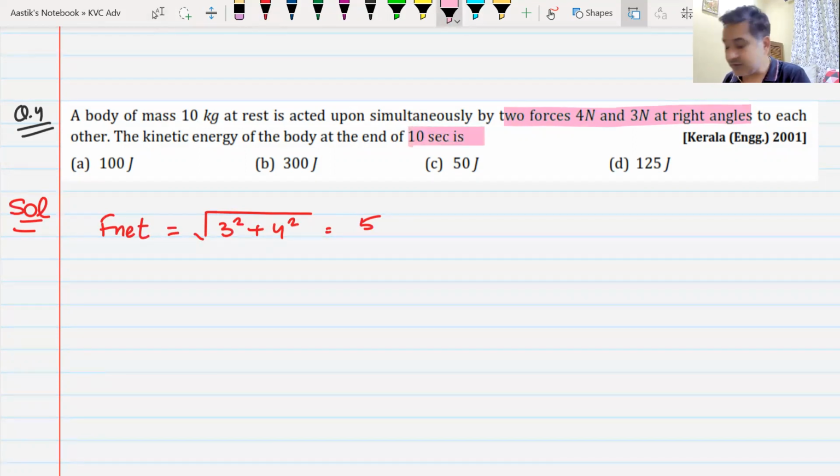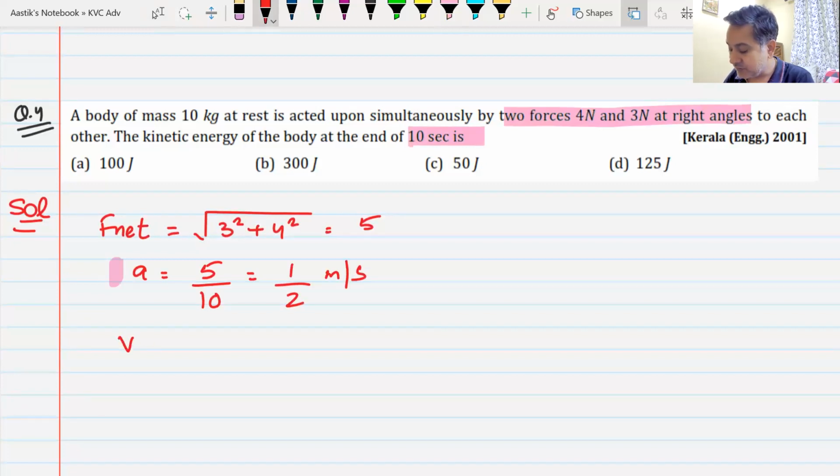You have to find out the kinetic energy at the end of 10 seconds. There are a number of ways in which you can do this. You can find out the acceleration of the body, that is the first way. That will be 5 divided by 10, which is half meter per second square. You can use v is equal to u plus at. Acceleration is constant.